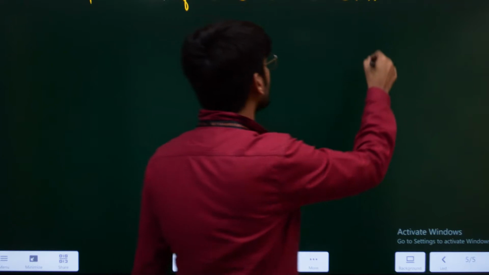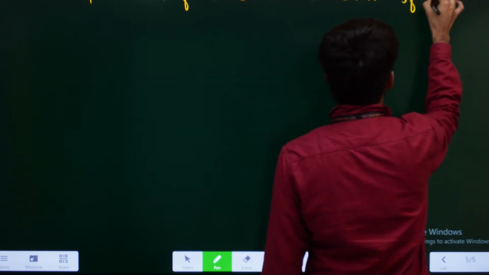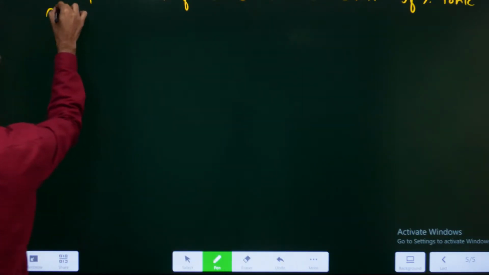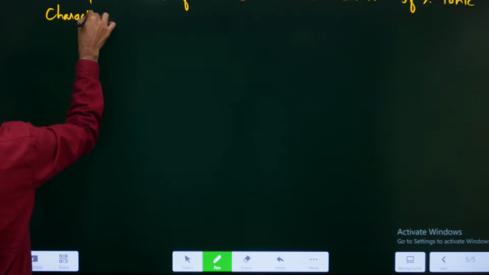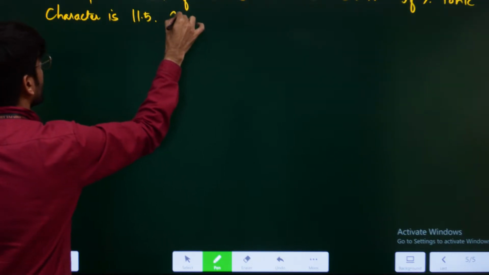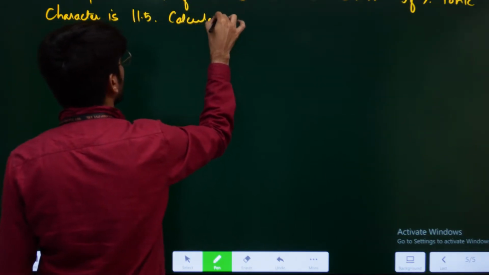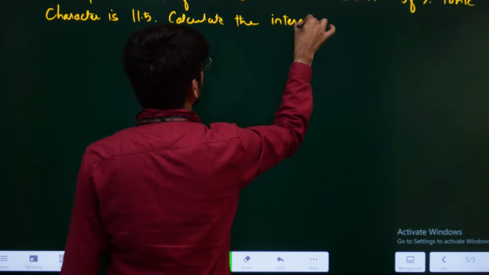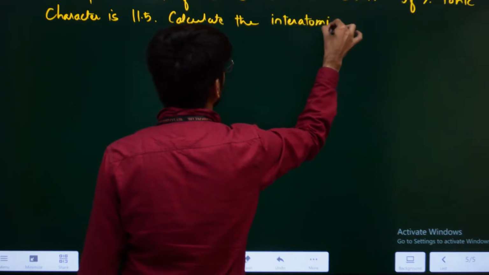If the percentage ionic character is 11.5, calculate the interatomic spacing.